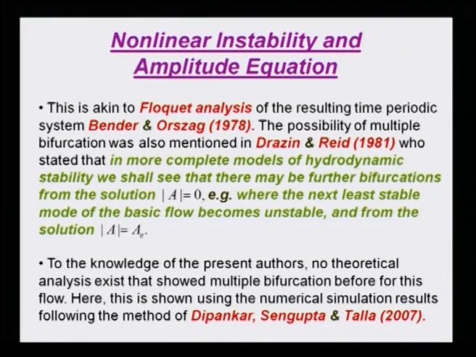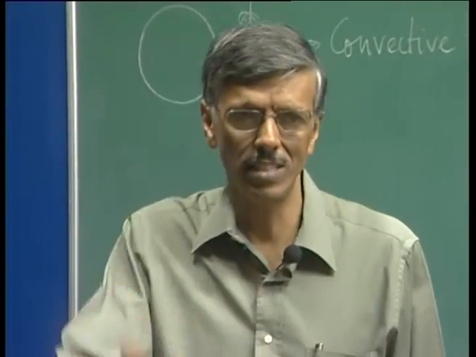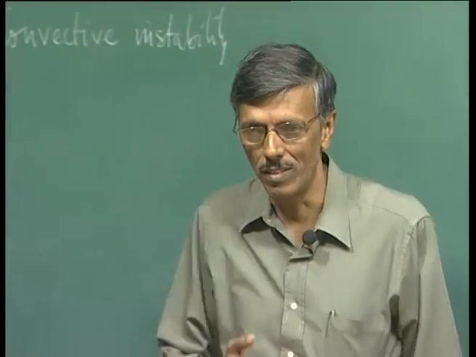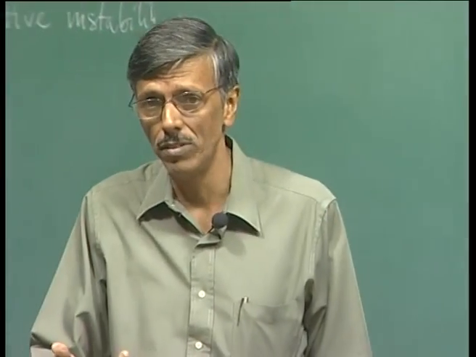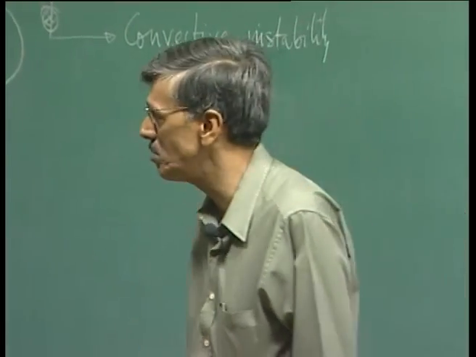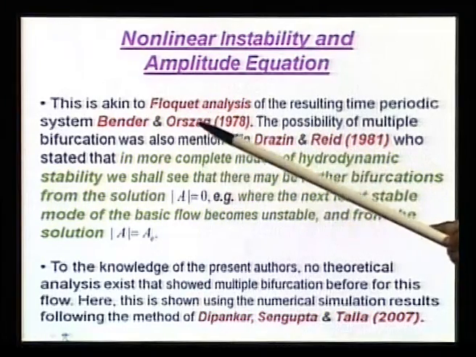Now, let me also add to what happens. We have a Karman vortex shedding, fine. Now suppose we decide to increase the Reynolds number further, then what are we going to study? That particular flow itself could be susceptible to background disturbances and suffer instability. That instability analysis is done by what was proposed by Floquet.